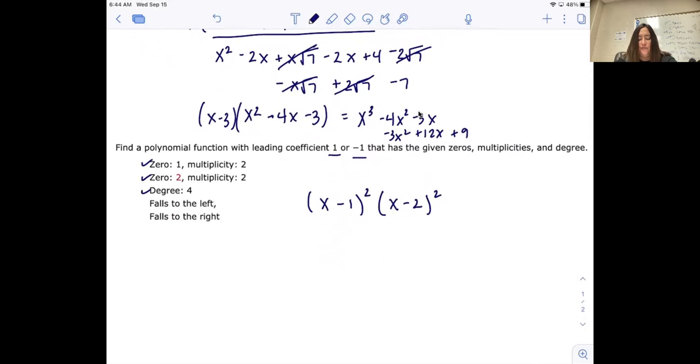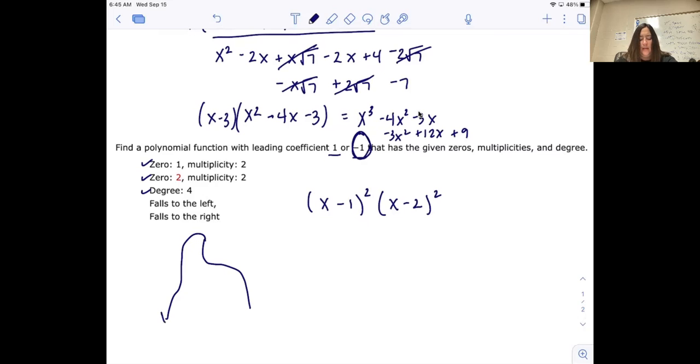It says it falls from left to right. Falls to the left and falls to the right means it's opening down. That means that you have to have a negative leading coefficient.